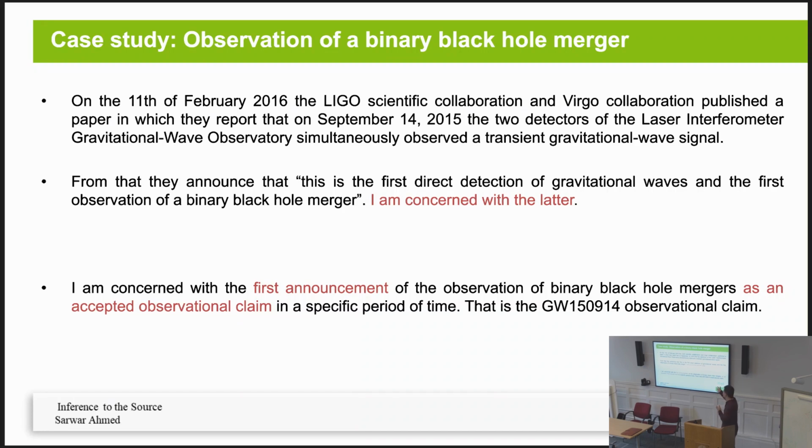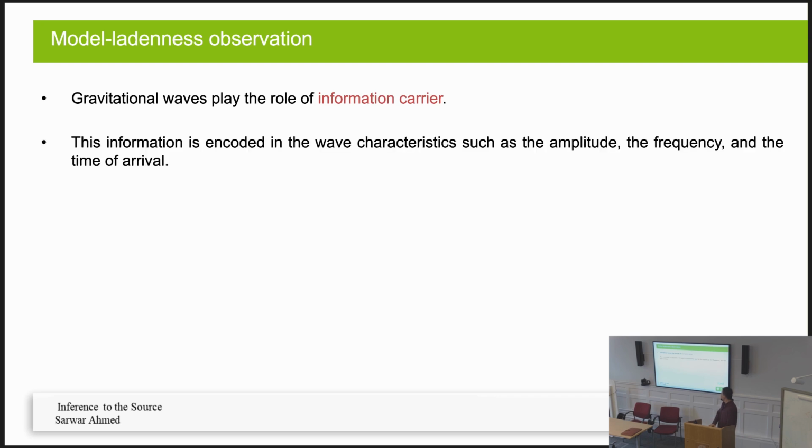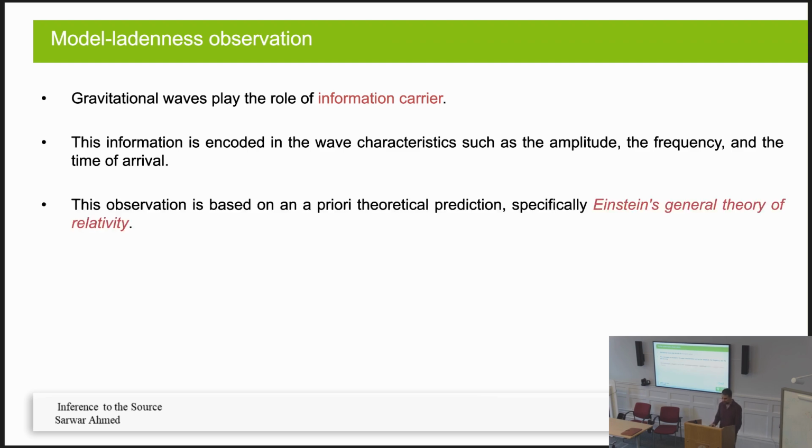After that there are other observations of neutron stars and black holes, but this was the first one. As I said, I take gravitational waves as information carriers. The information is encoded in the wave characteristics, such as the amplitude, the frequency, and the time of arrival.